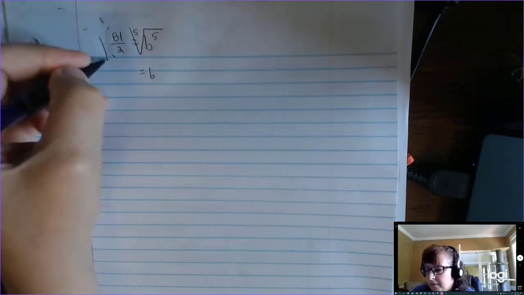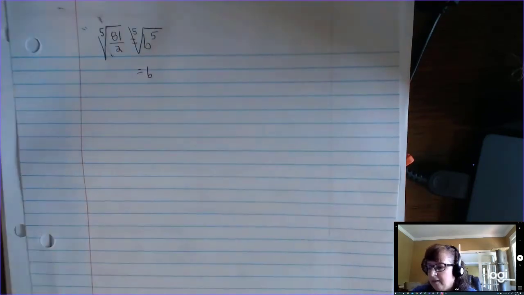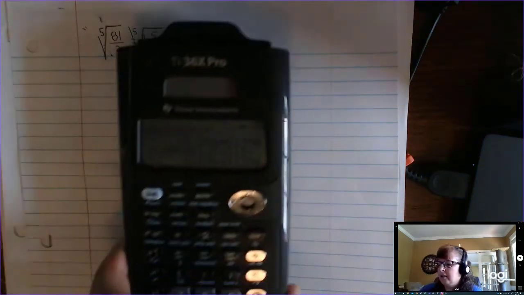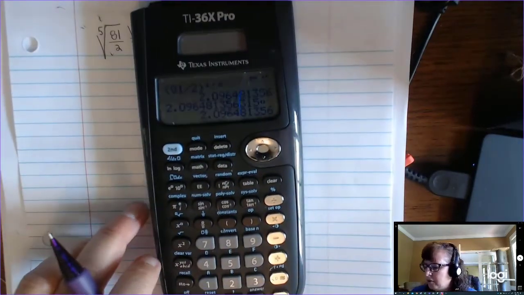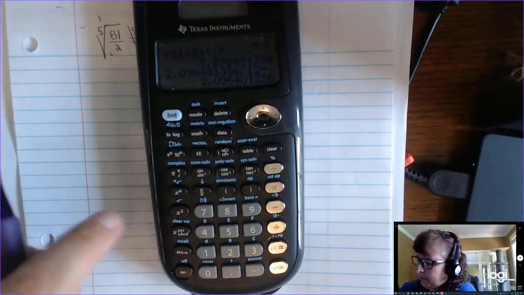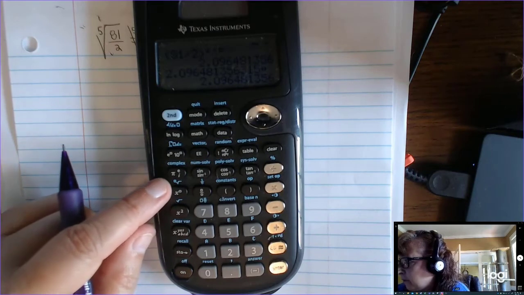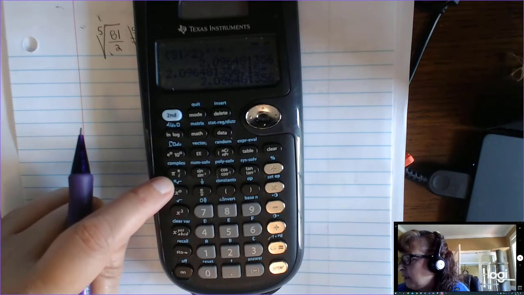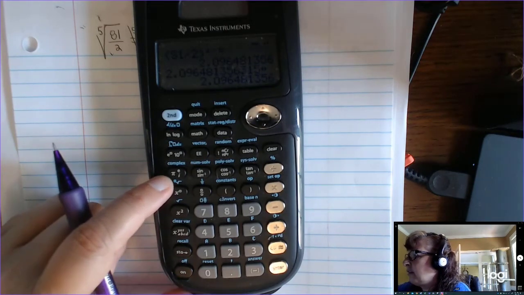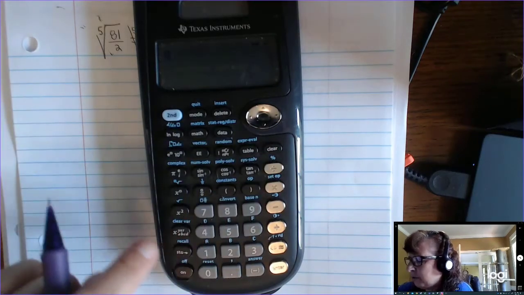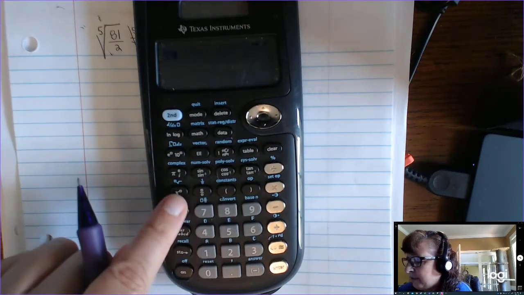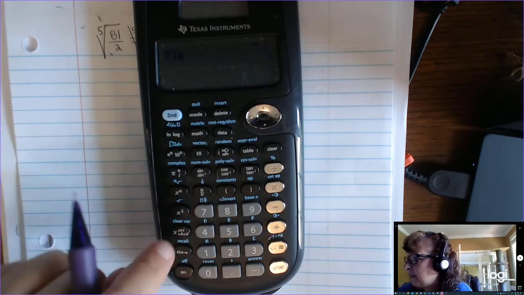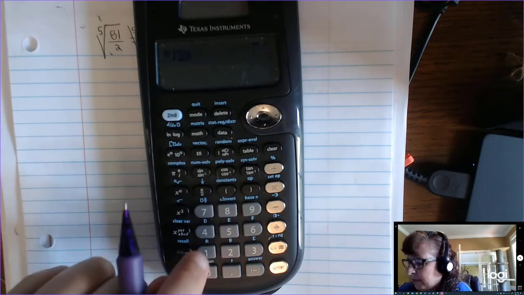So I'll take the 5th root of 81 over 2. You have to look in blue where you see this little square there, and you have to hit that first. So the 5th root, the 5 is the index. Then I'm going to hit this, and then type in 81 over 2.